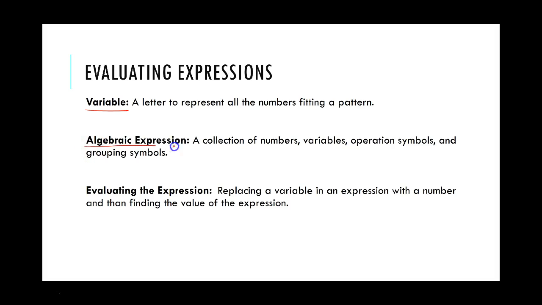An algebraic expression looks at a combination of numbers, variables, and operational symbols. So adding, subtracting, multiplying, dividing. But within an algebraic expression, you're going to have numbers and variables in the mix. When I say we're going to look at evaluating the expression, we're going to take this algebraic expression and replace the variable terms with a number, and the number will be given.